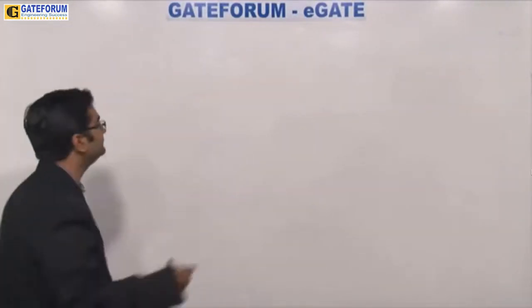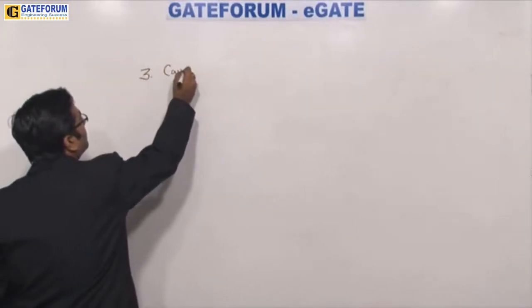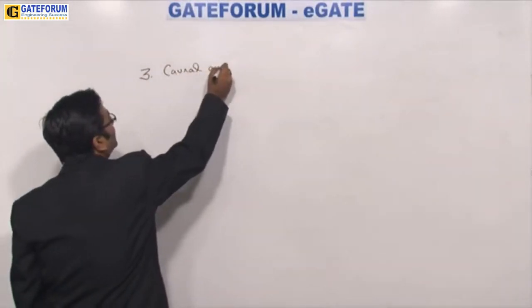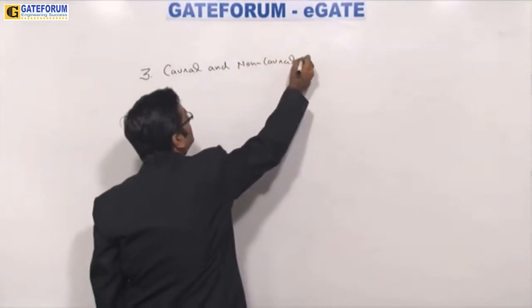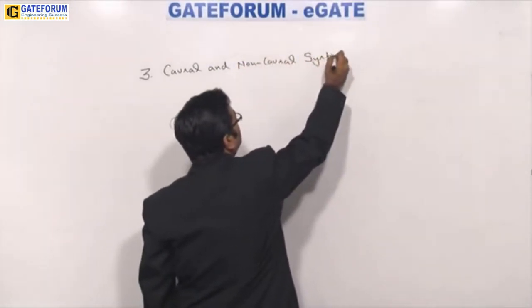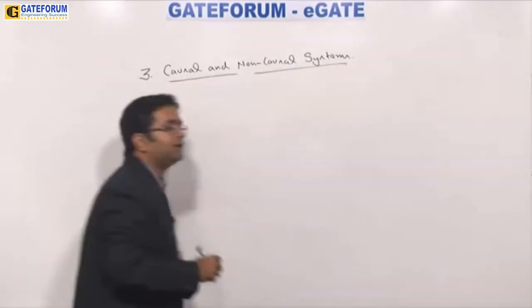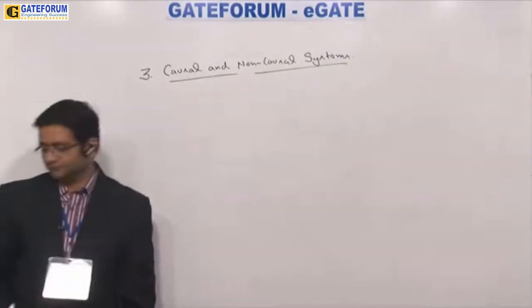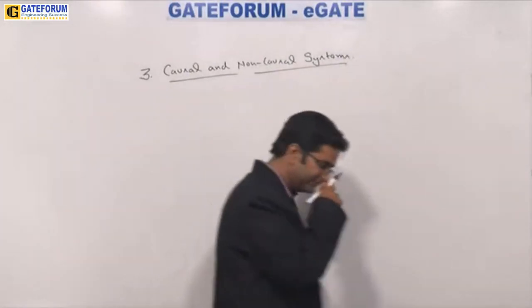Okay. The next type of system: causal and non-causal system. Causality means the non-anticipative nature.